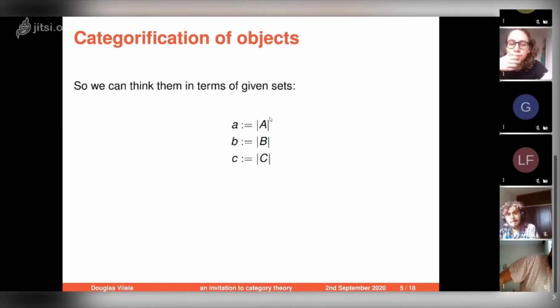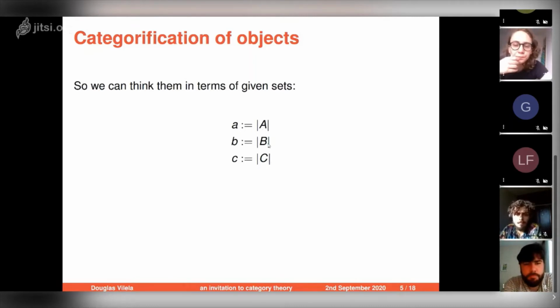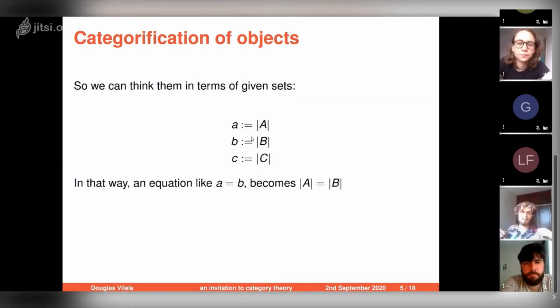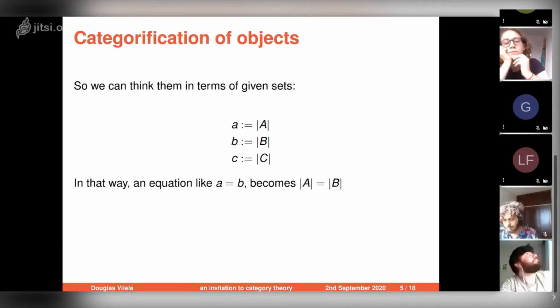So we could choose three sets such that their cardinalities match these three natural numbers. So an equation like a equals b becomes the cardinality of set A equals the cardinality of set B.